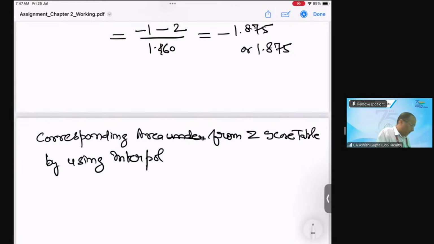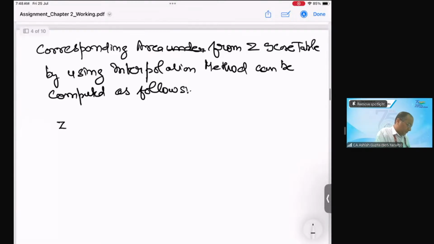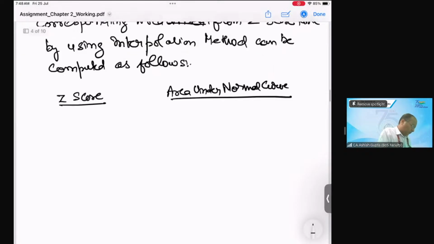By using the interpolation method, we have these values: for 1.87 the value is 0.9693, and for 1.88 the value is 0.9699.